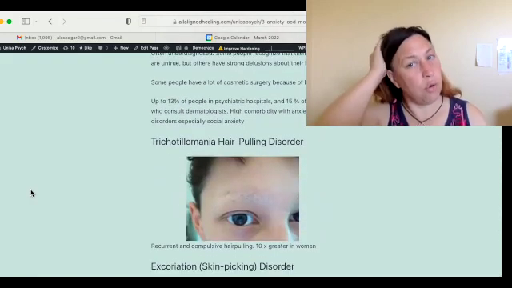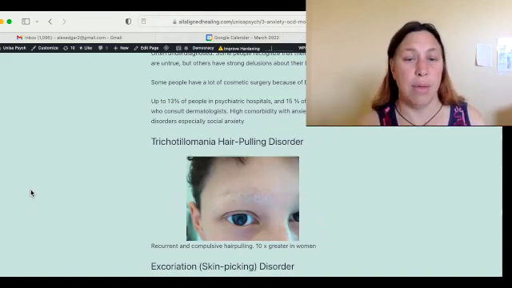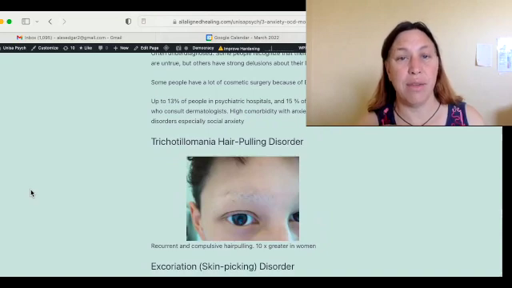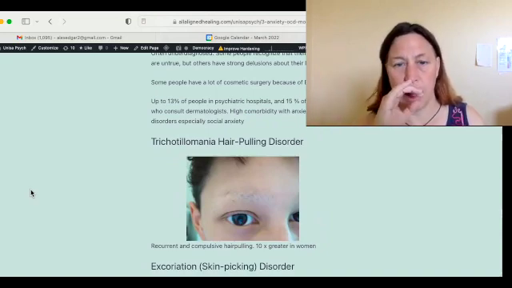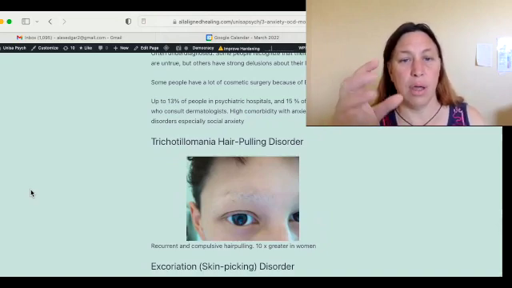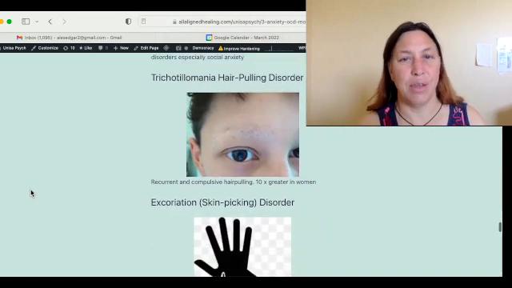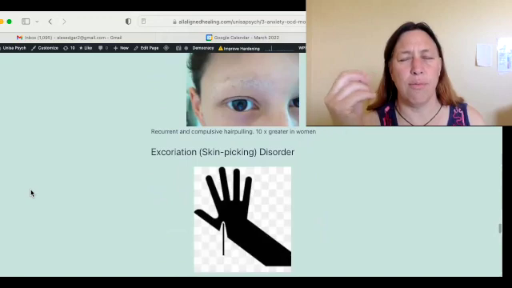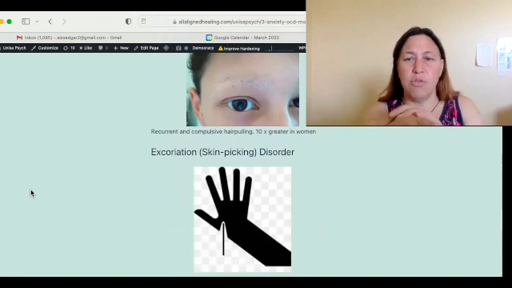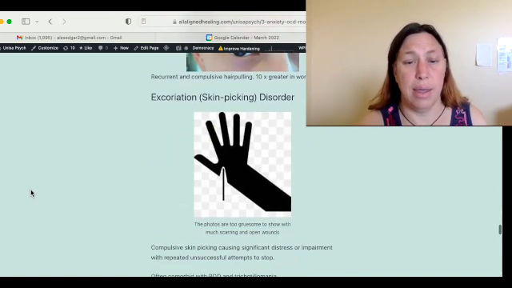Trichotillomania, hair pulling disorder, pulling out big chunks of hair from the scalp. Now there's 10 times greater prevalence in women. That's a real outlier. That's amazing. Okay, and it's often comorbid. Excoriation, skin picking, you end up with tons of lesions and injuries and scars and scabs.